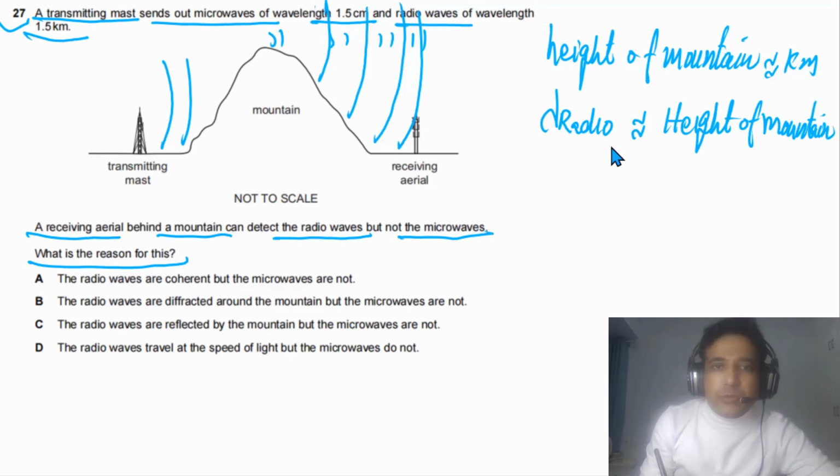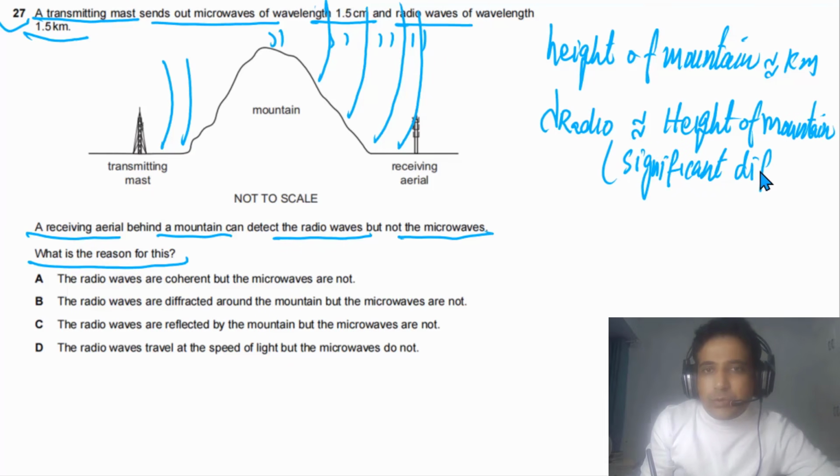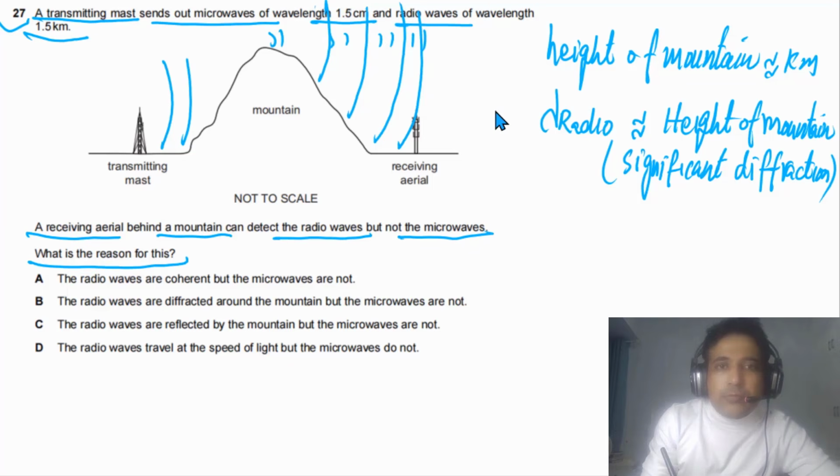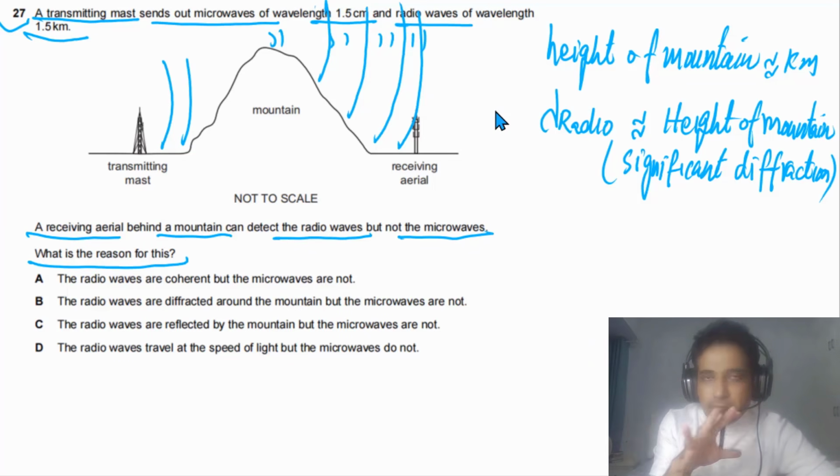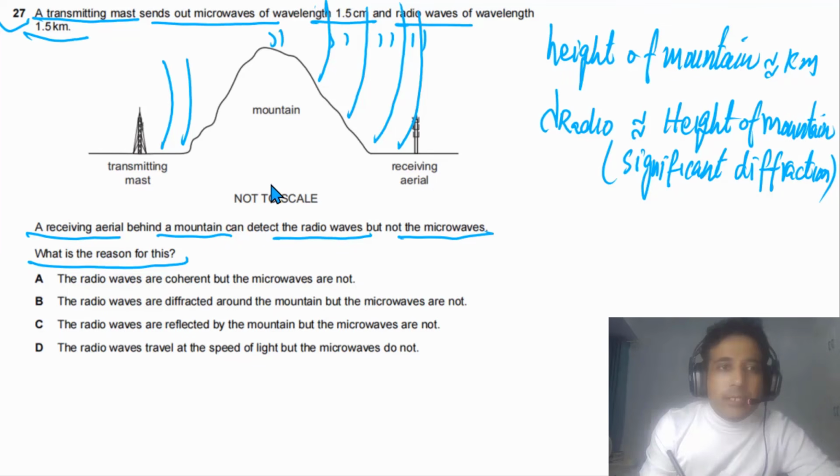So in this case, there will be significant diffraction. So due to diffraction, the receiver can receive radio waves, but the receiver cannot receive microwaves, because in the case of microwaves, diffraction is very little. So waves will not diffract, they will just travel in a straight line. So that's the main reason.